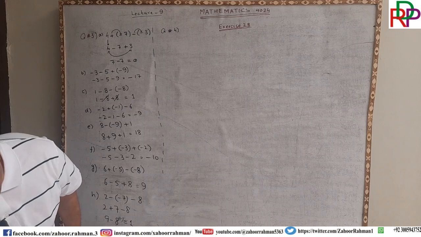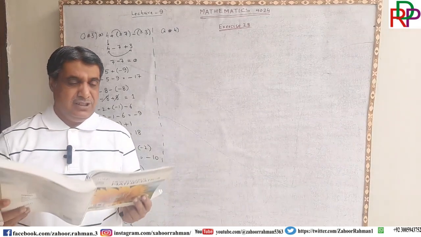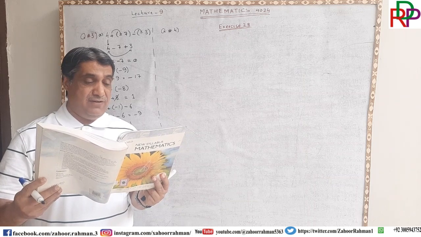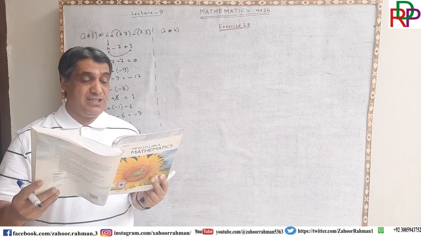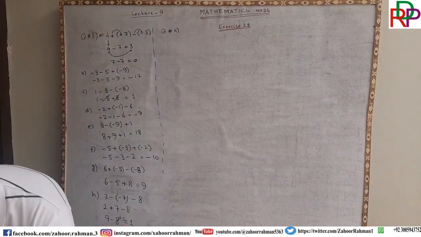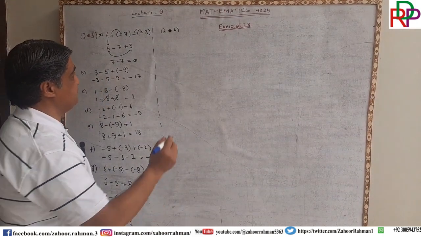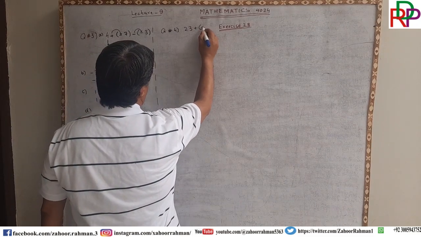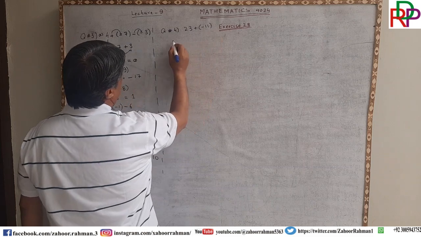So question number 4 is saying to find the value of each of the following. A part is 23 plus minus 11.